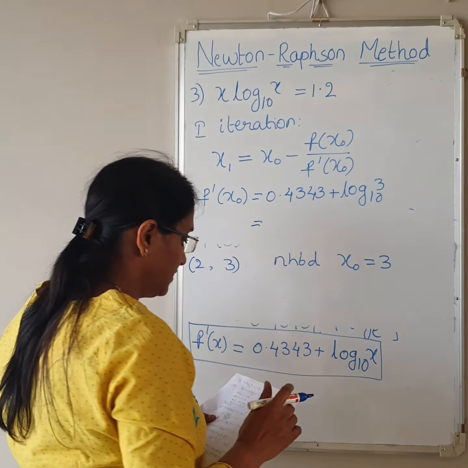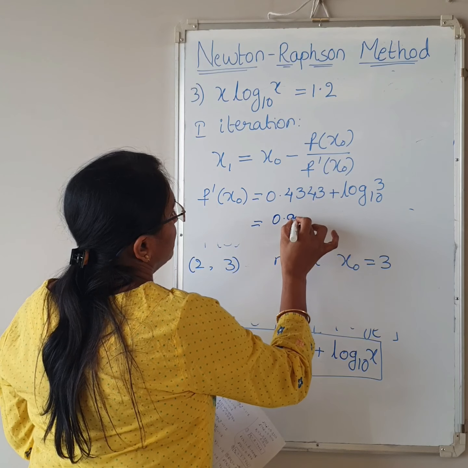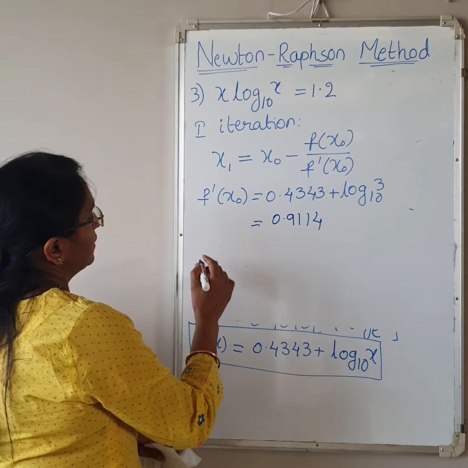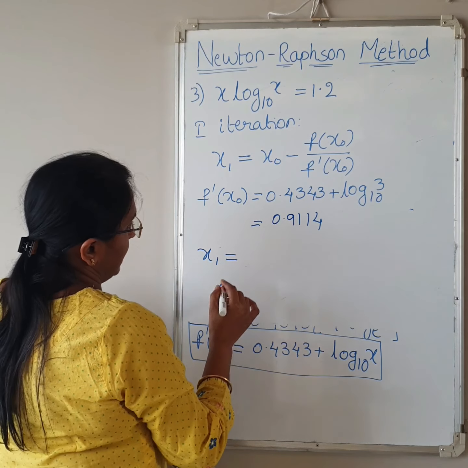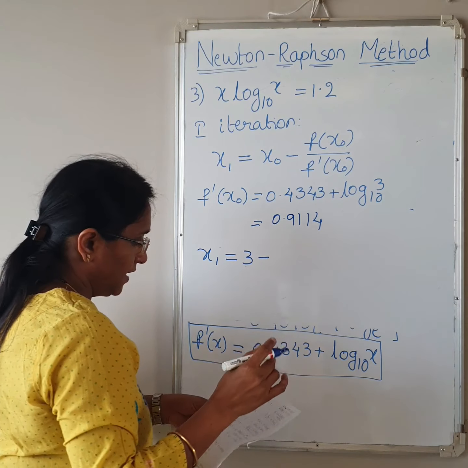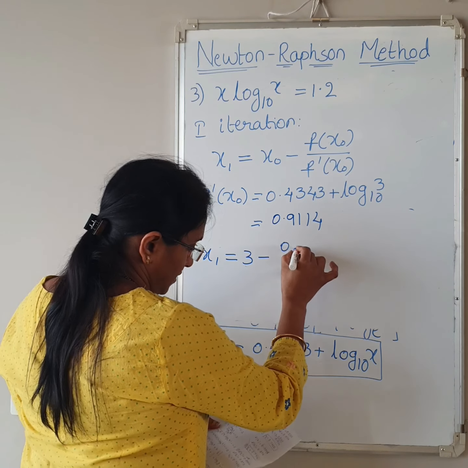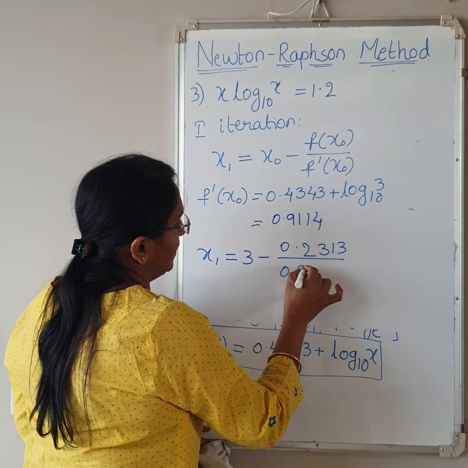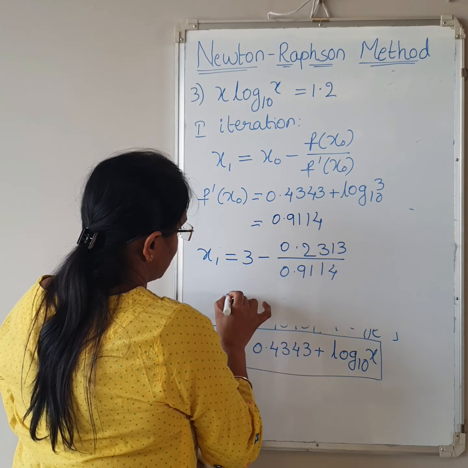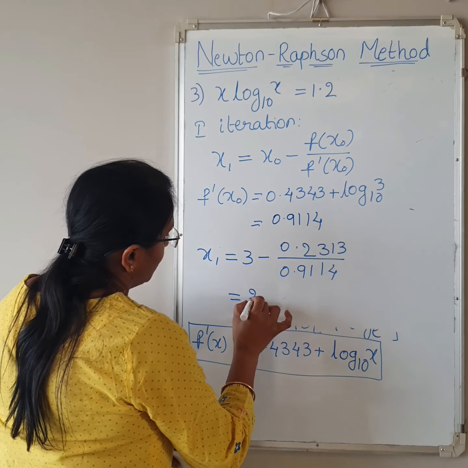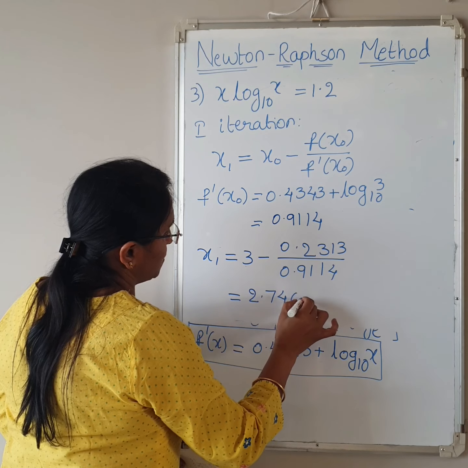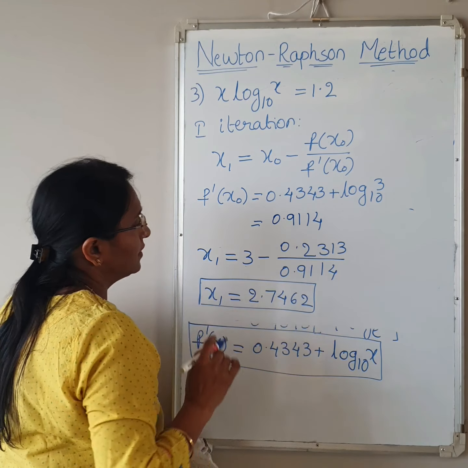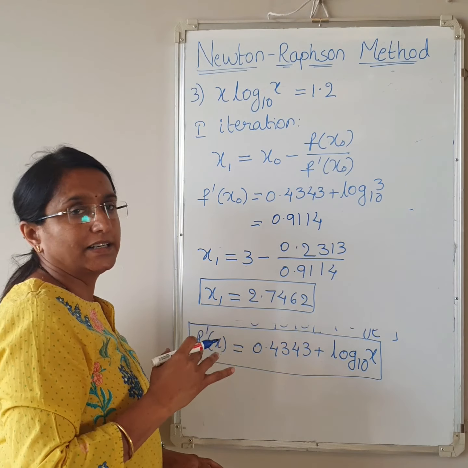So f dash x naught is equal to 0.9114. So now we will find x1 is equal to x naught, which is 3, minus f of x naught, which is 0.2313, divided by 0.9114. So x1 is equal to 2.7462. So 2.7462 is nearer to 3, which is our neighborhood point. That is the first iteration.